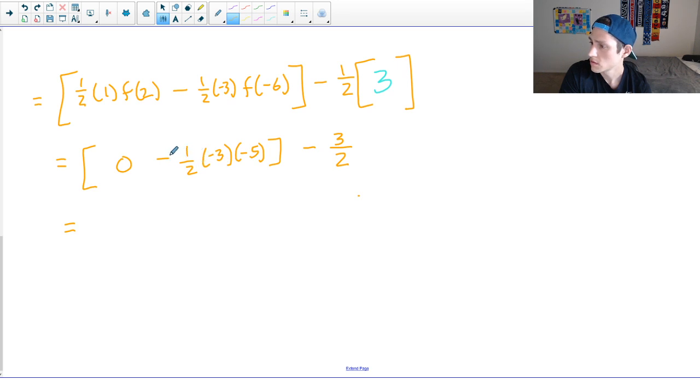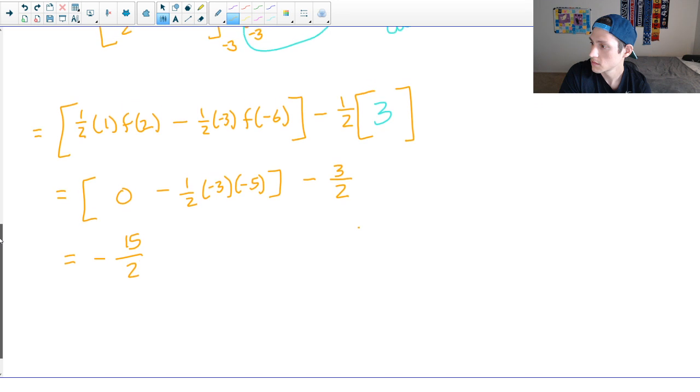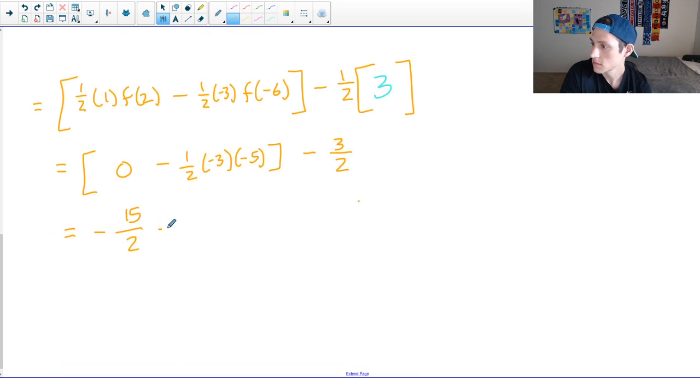Okay, so 0 minus 1/2, or 1/2 times 3 times 5, so that would be 15/2. Negative, because I have an odd number of negatives, so there will still be a negative left over. Okay. Negative 15/2 minus 3/2.